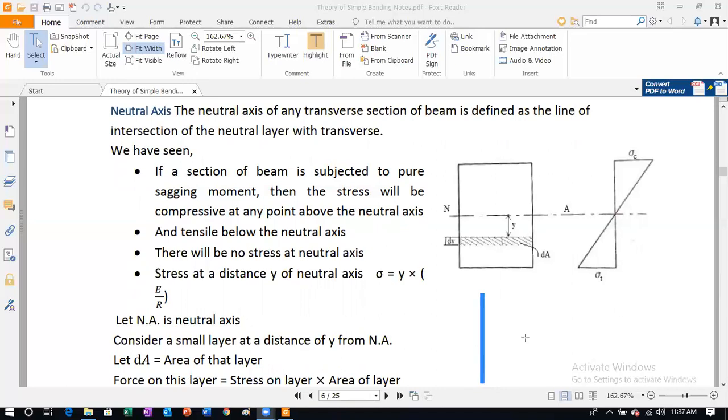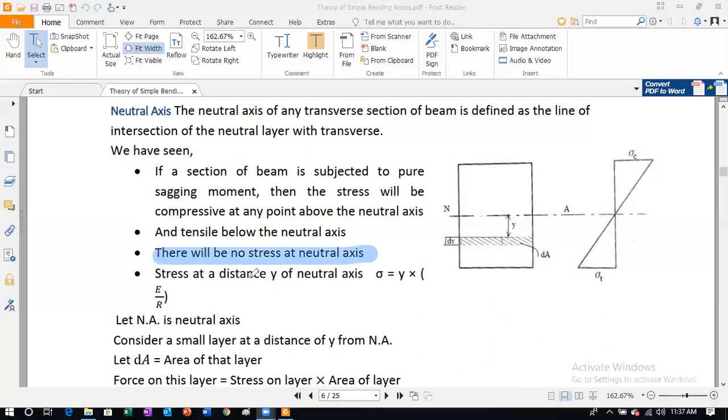If this is the neutral axis, suppose the upper fiber will have this much compression and the lower fiber will also have this much tension, then this will become like that. That will be sigma C, the compressive stress, and sigma T, the tensile stress, right? Tensile stress will be below the neutral axis.